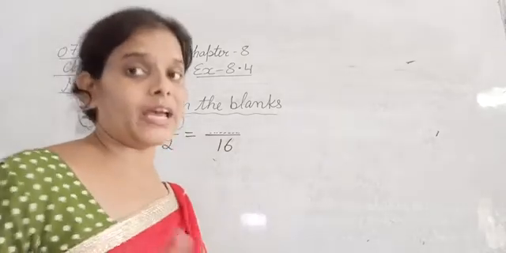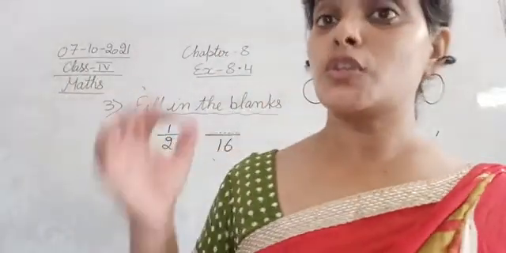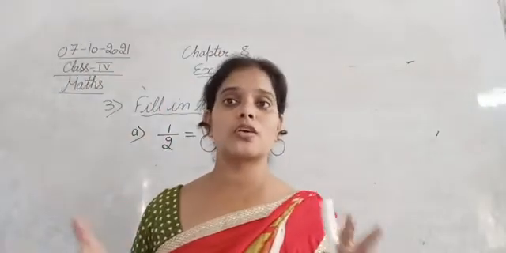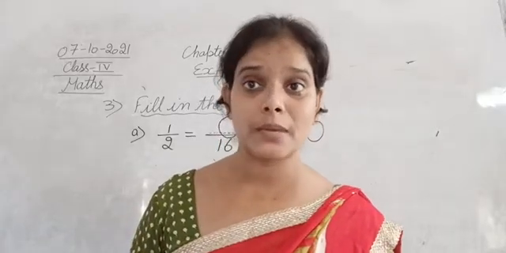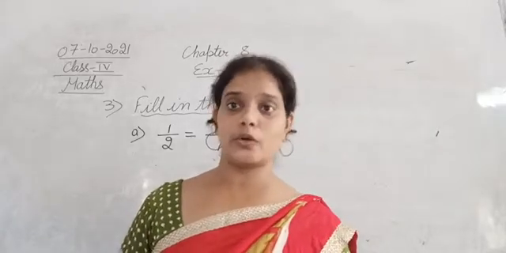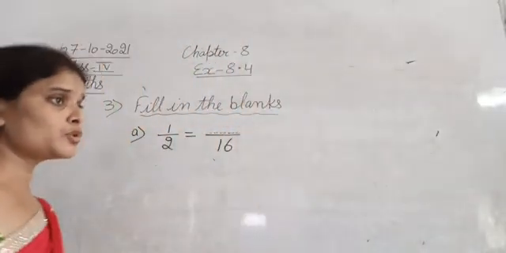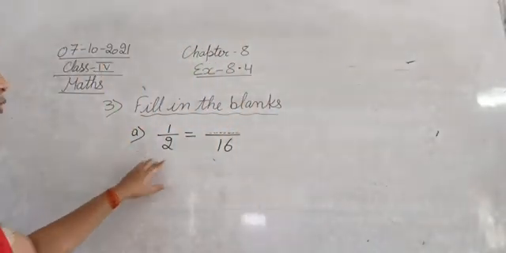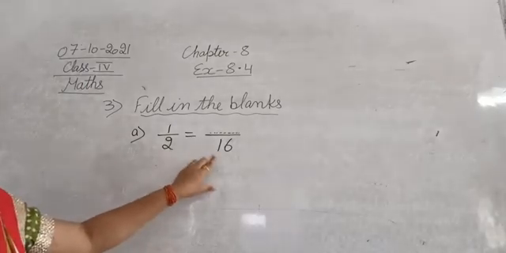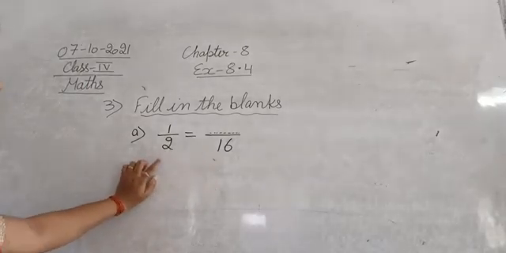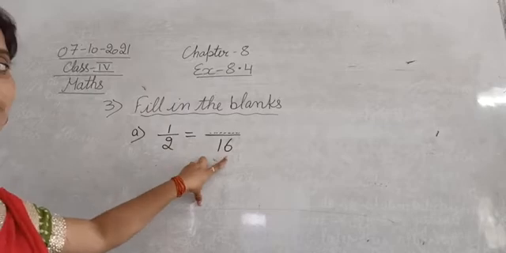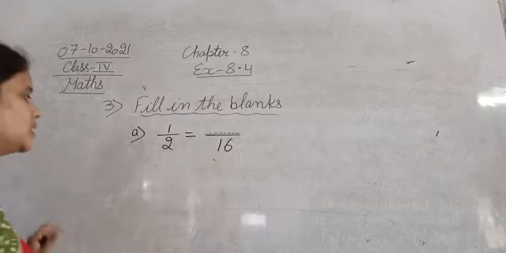As we have done in the previous session, the numerator and the denominator always get multiplied with the same number. So for getting 2 to 16, we have to multiply this 2 with some number so that you can get 16.